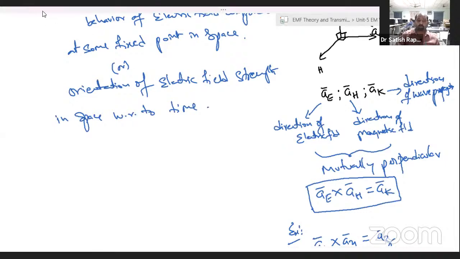In space with respect to time is called polarization.